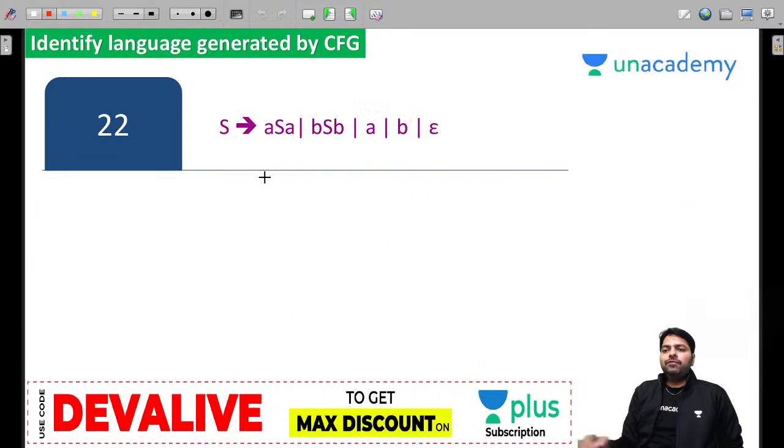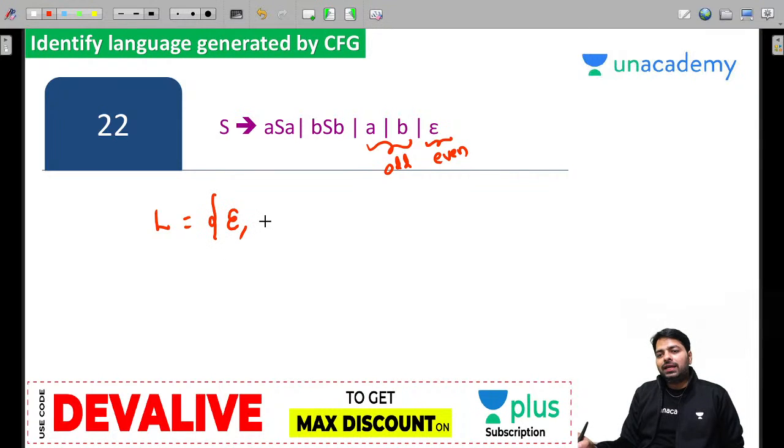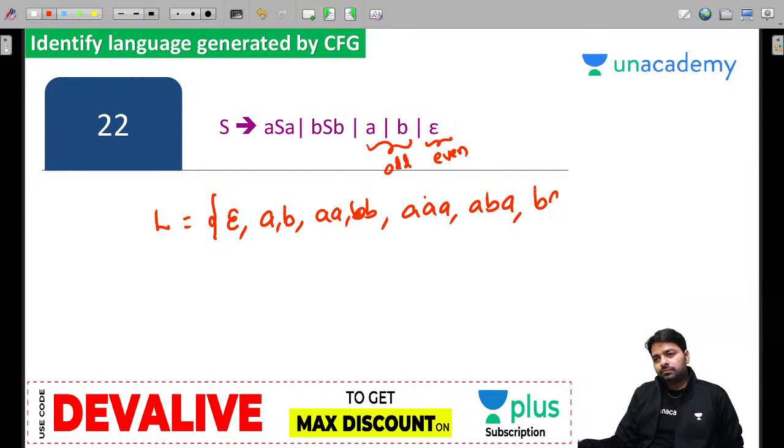And look at now, if you want everything, this creates the even concept. This creates the odd concept. When I ask what is L, you will have even length and odd length palindromes, right? These are even length palindromes and these are odd length palindromes. And so on.